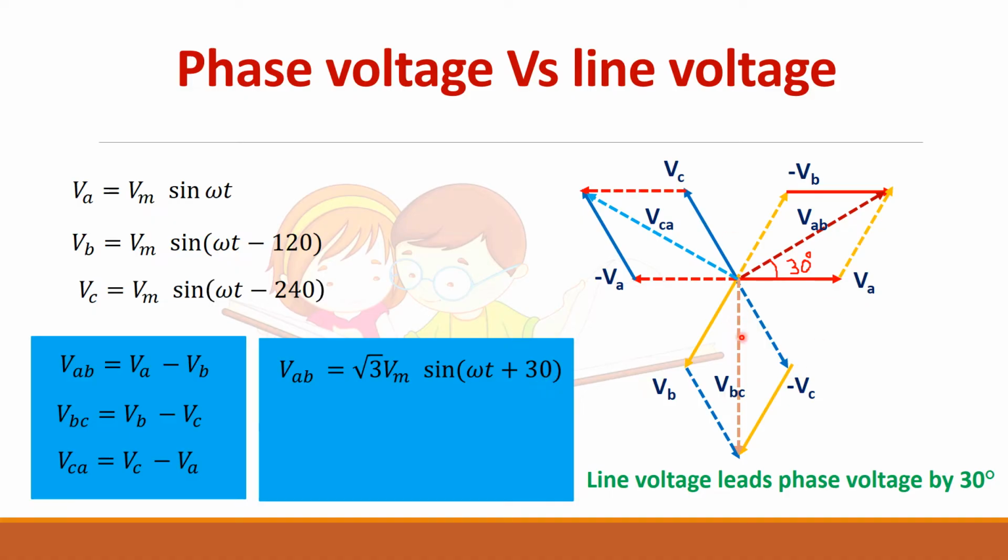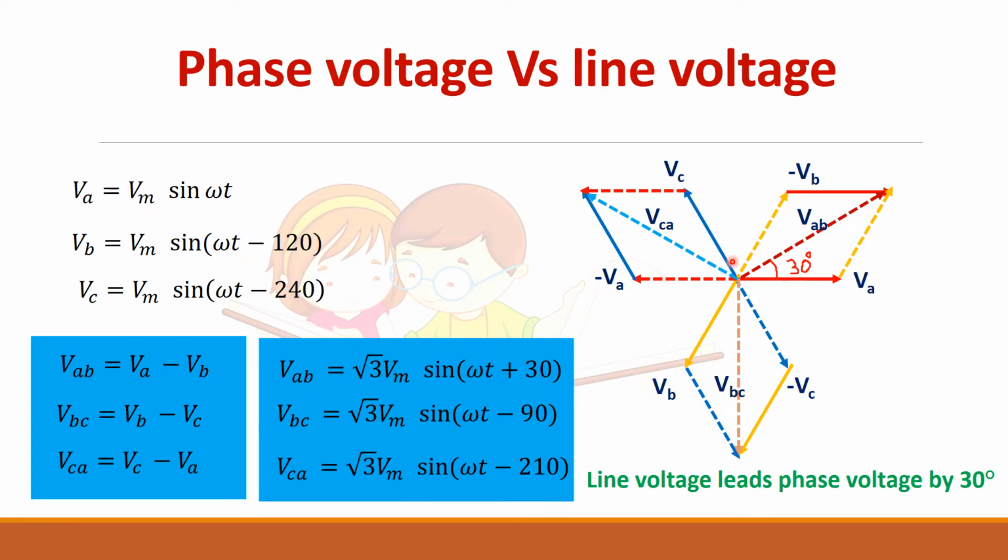Now to write VBC, what is the phase difference between VA and VBC? Here you have a 90 degree angle. So VBC is equal to root 3 Vm sin(omega t minus 90 degree).